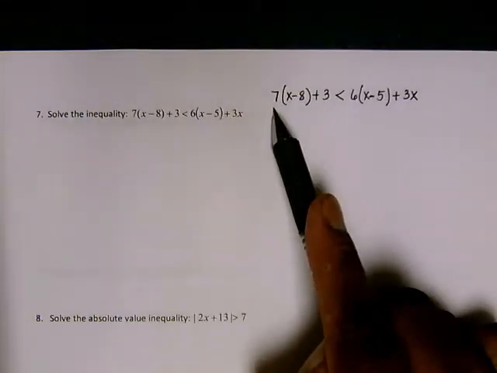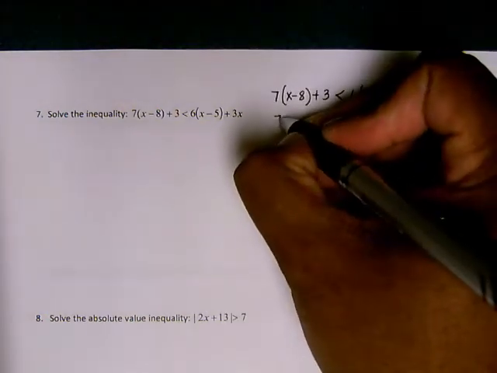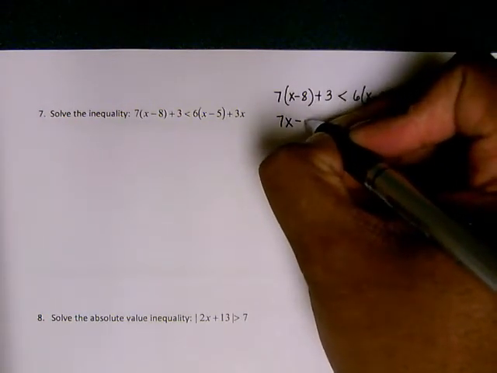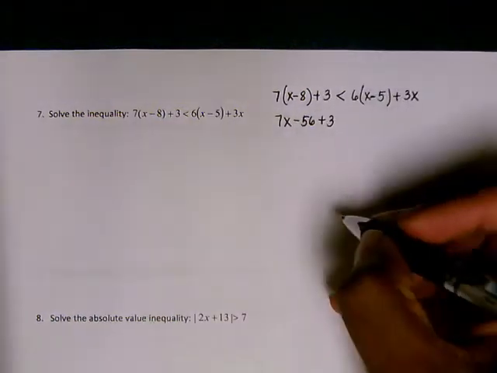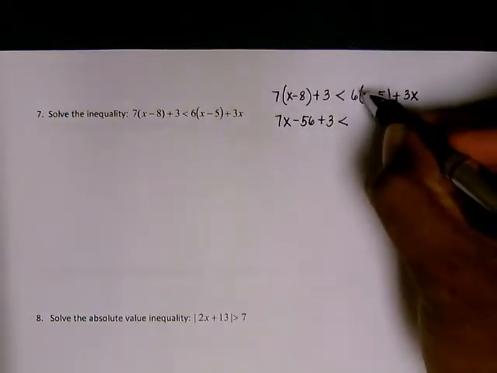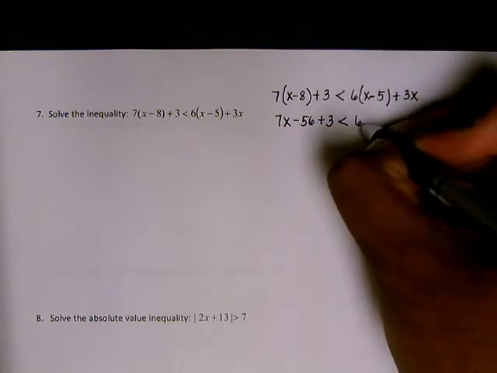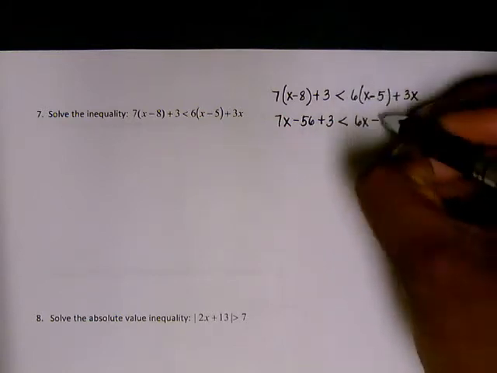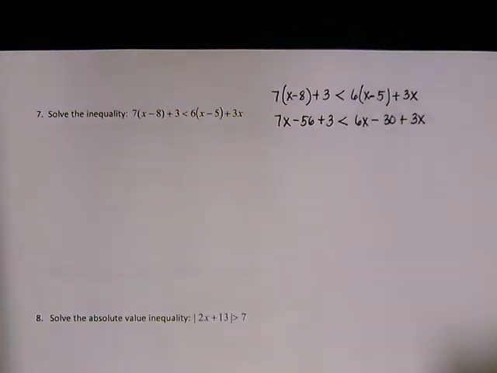So on the left side, using the distributive property, you got 7 times x, that's going to give you 7x, minus 7 times 8, that's 56, and then bring down the plus 3. It's less than. The right side, using the distributive property again, 6 times x, that's 6x, minus 6 times 5, that's going to be 30, plus 3x.